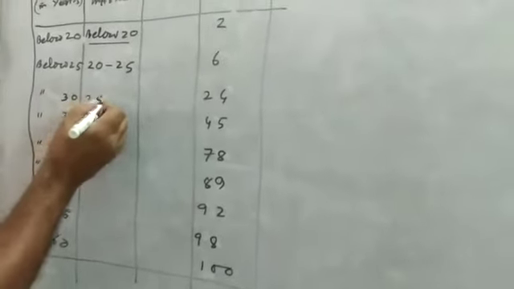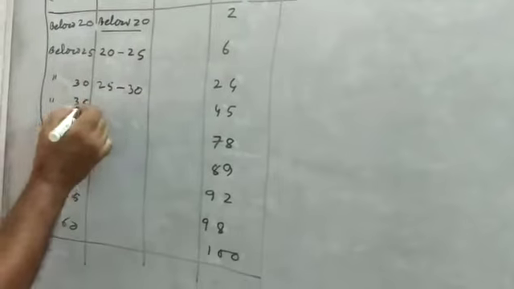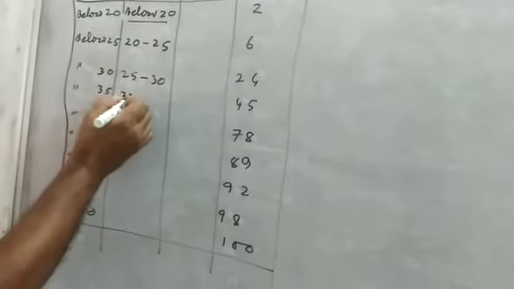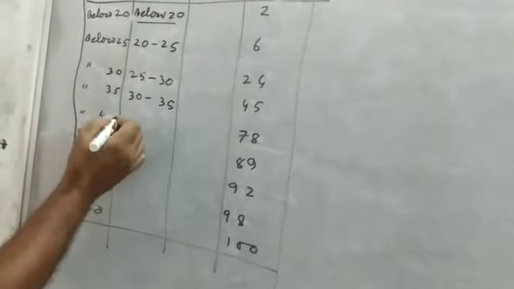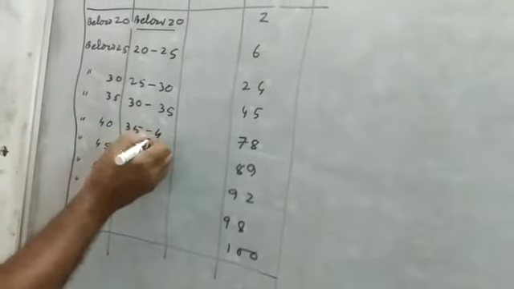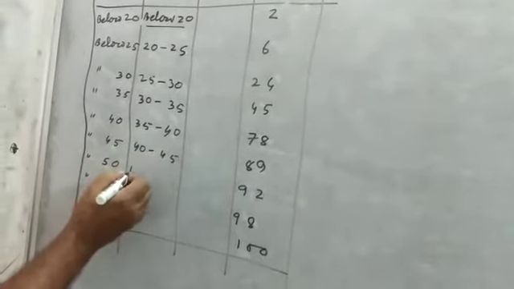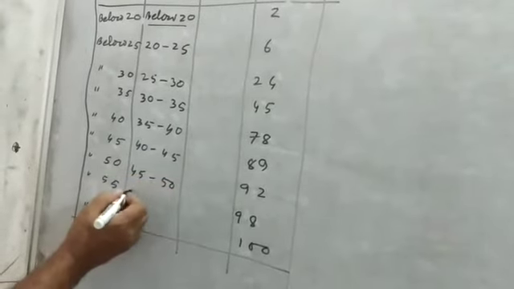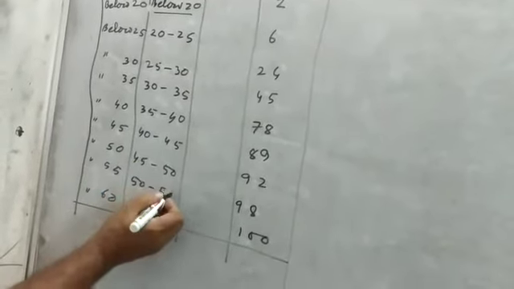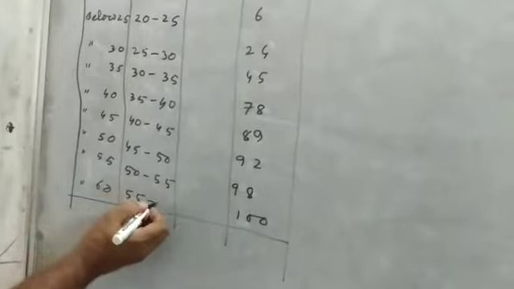Then 25 to 30, then 30 to 35. Below 40 means 35 to 40. Below 45 means 40 to 45. Then 45 to 50, then 50 to 55, and 55 to 60. So these are the class intervals.